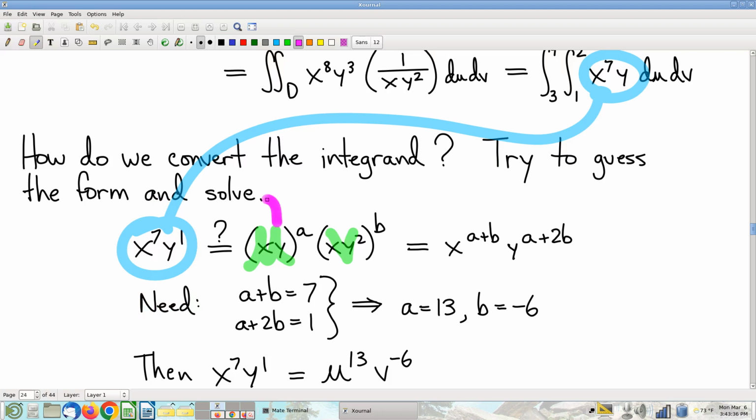So I have these products of powers of x and y. I want this product of powers, and I'm going to propose that, being as they are products of powers, maybe I should take a product of powers of my products of powers to produce this other product of powers. Because after all, when you take a product of powers of products of powers, algebra being what it is, you get a product of powers.